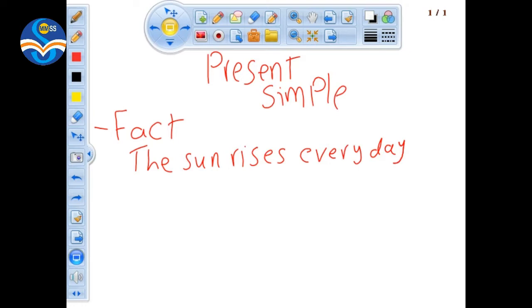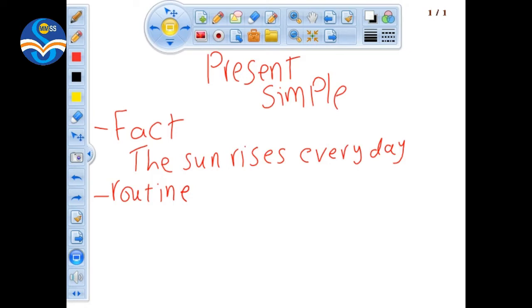The second thing I have got is the routine. What does the word routine mean? It means the things that happen every day or always, and I have no option to change it, or it's not in my hand to change it. Like what? Like I go to school every year.